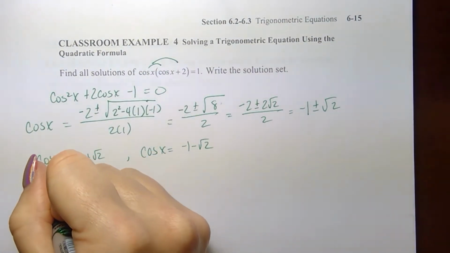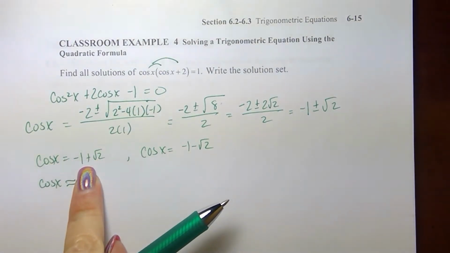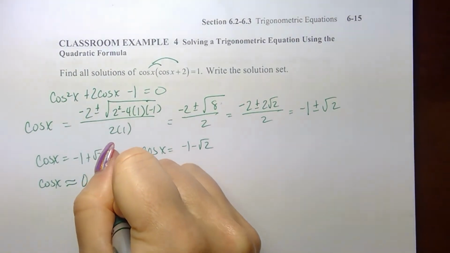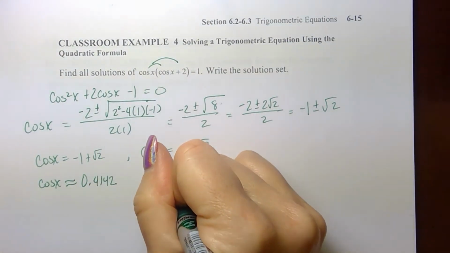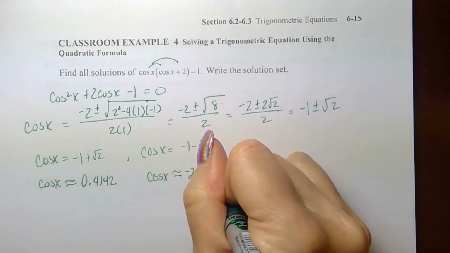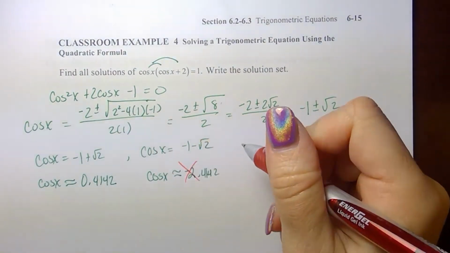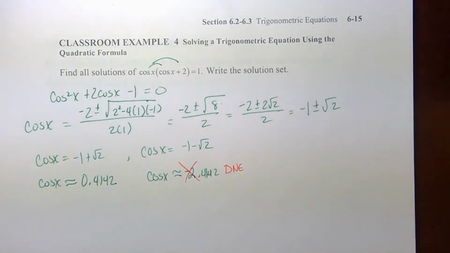Cosine x here is going to be approximately, to 4 decimal places, 0.4142. For negative 1 minus square root 2, cosine x comes out to be approximately negative 2.4142. And you know what? My cosine function values are restricted to negative 1 to 1, so that is outside my range. That does not exist.